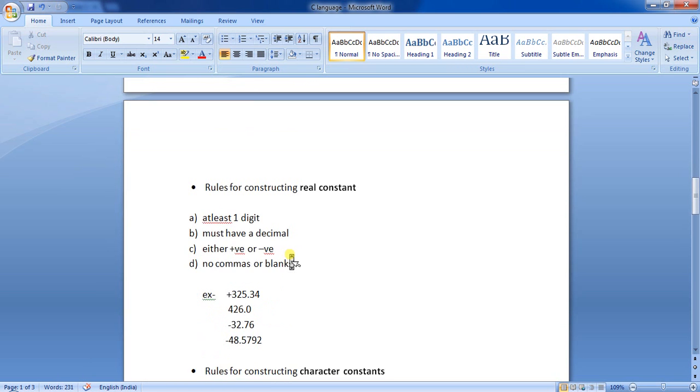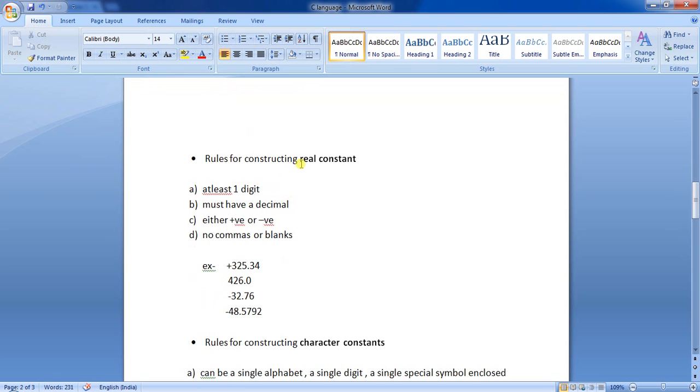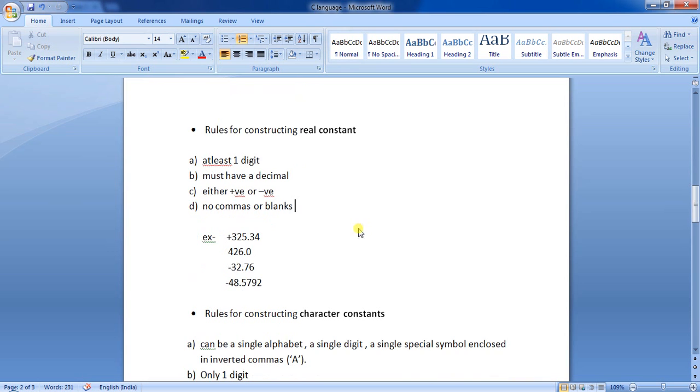So now, the rules for constructing a real constant. A real constant must have at least one digit, same as above. It must have a decimal. It should contain a decimal, like this: 325.34, 426.0, -32.76, -48.5792. The other rules are that it should be either positive or negative, and no commas or blanks in between.